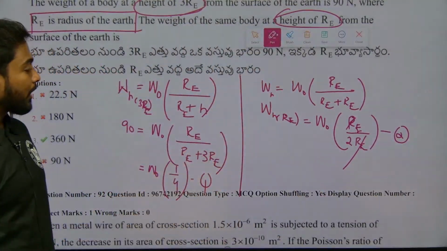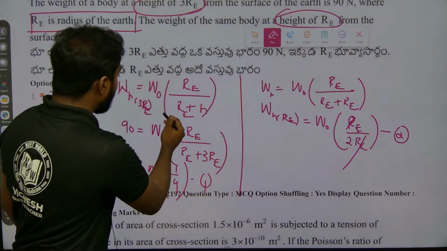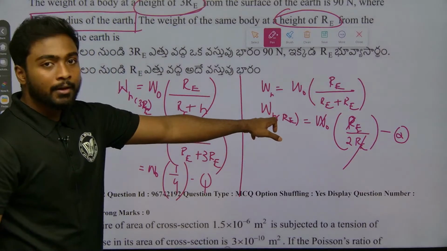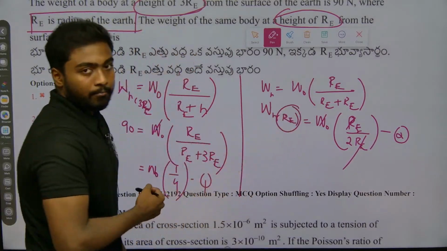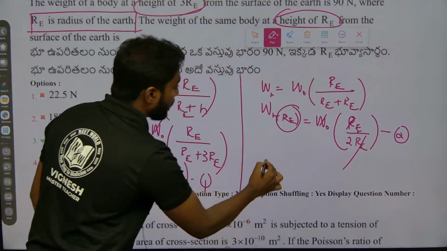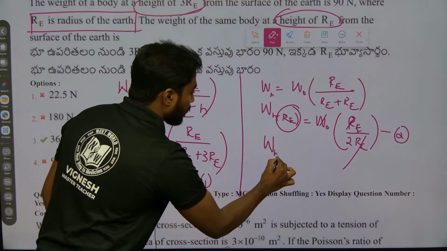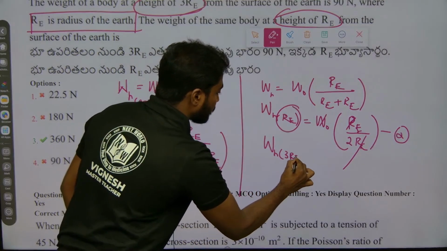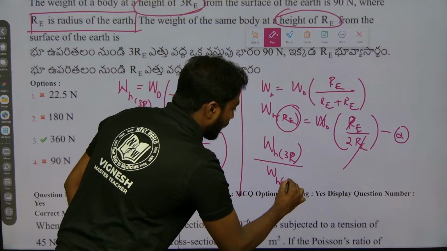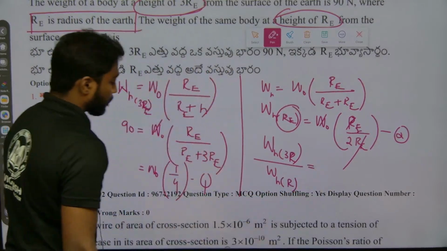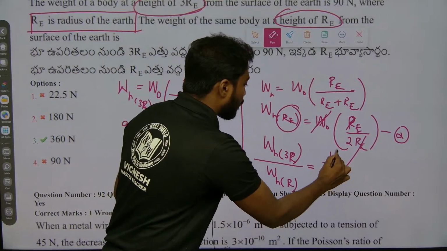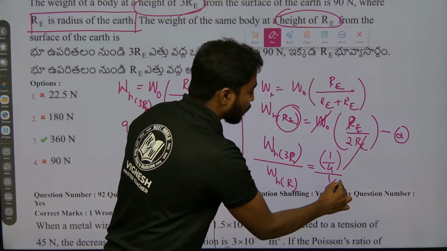So if I divide both equations, W naught will get cancelled out, and I can find the weight of the body at height R e. So W at height 3 R e divided by the weight at height R equals 1 by 4 divided by 1 by 2.